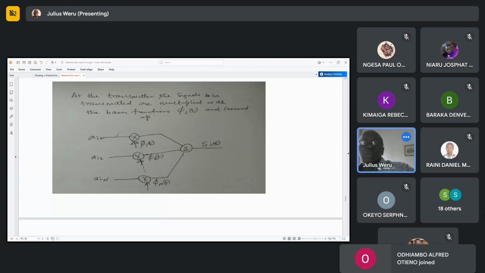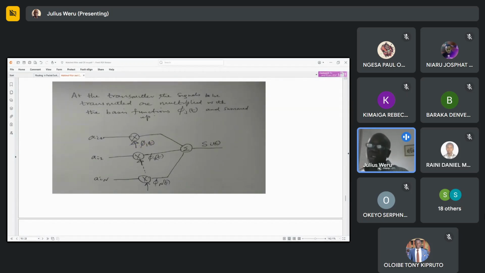For example, with a passband transmission, we normally get our data, convert it into a signal, and then, of course, modulate the carrier, and this phi of t is usually the carrier.